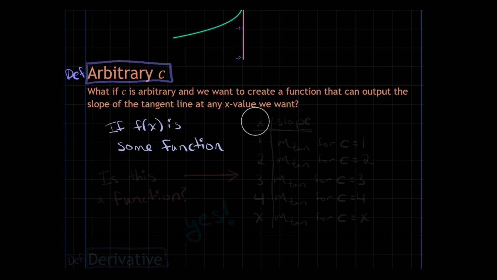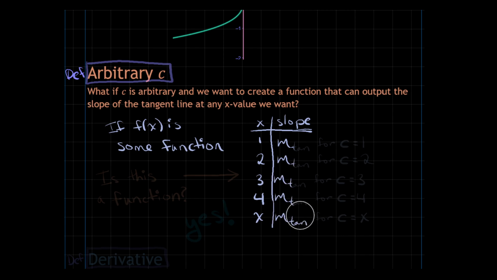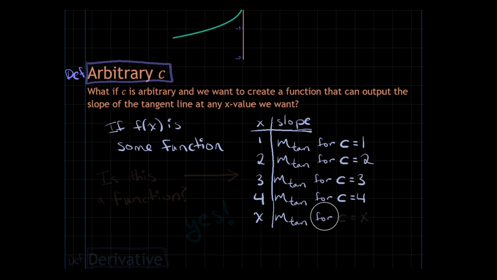Maybe we've got some x values. We have 1, 2, 3, 4, or an arbitrary x. And we say, I want to find the slope at all of those possible x values. So the slope of the tangent line is going to be found when c equals 1, 2, 3, 4, and maybe even just an arbitrary x.